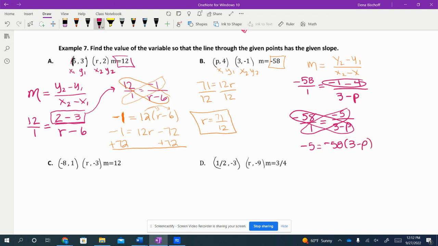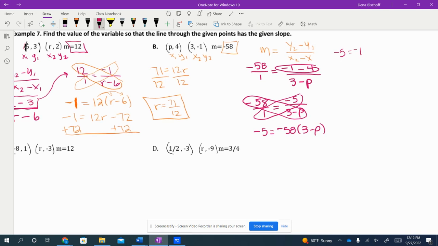So someone has to figure out what negative 58 times 3 is. So negative 5 equals negative 174 plus 58p.